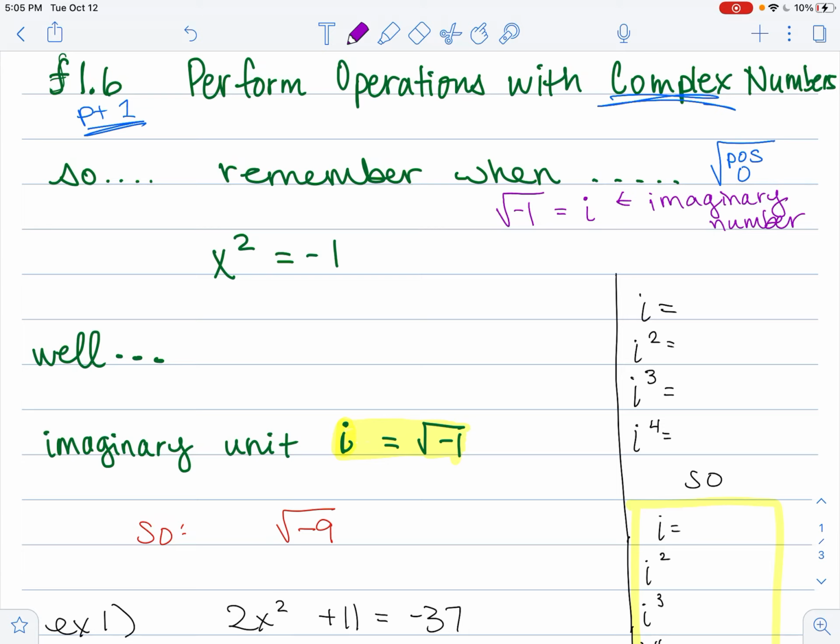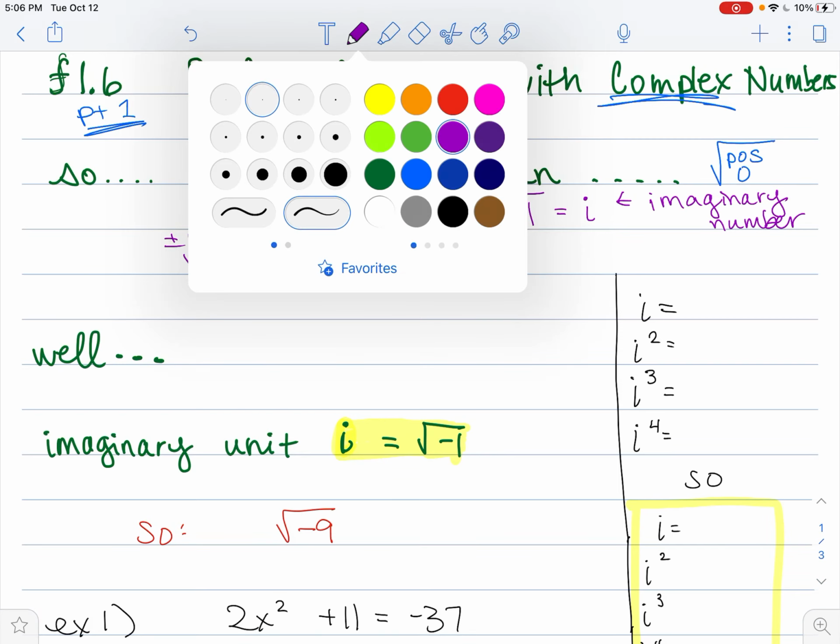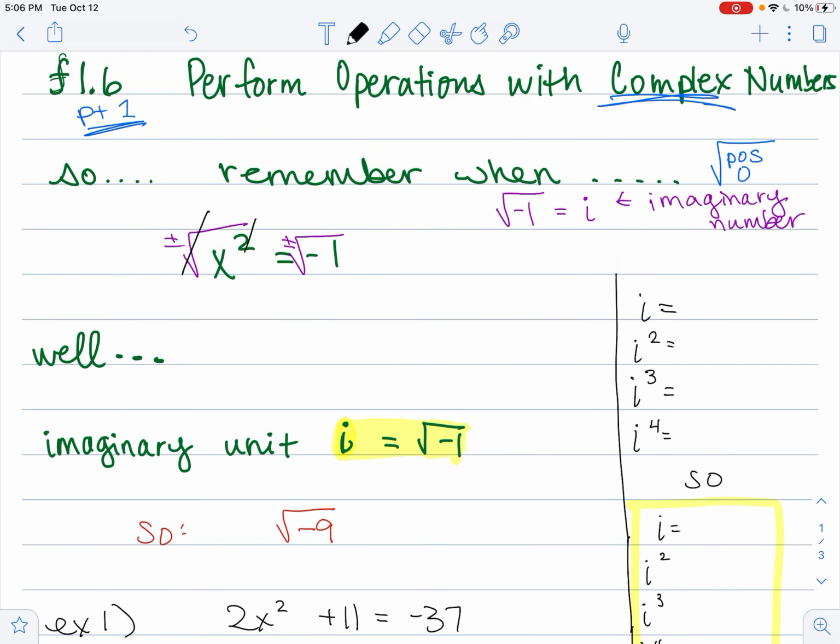It doesn't just end there. For example, if I say x squared equals -1, I can take the square root of both sides. Now remember, it's always plus or minus. The square root and the squared cancel each other out, so I end up with x equals plus or minus the square root of -1, which is i.